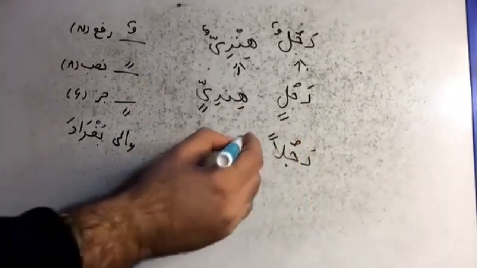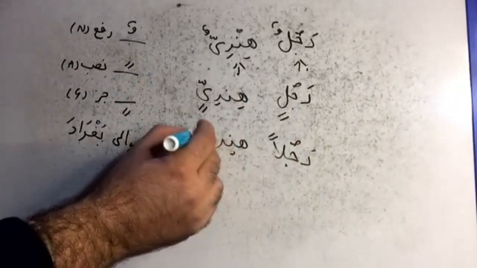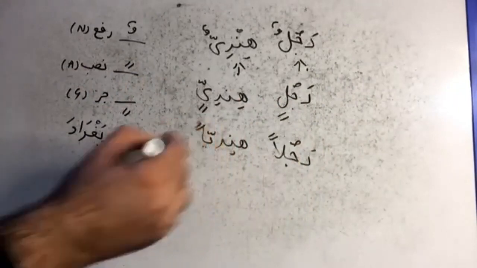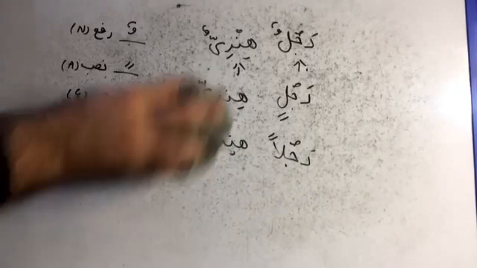Rajulan hindiyan. But you can come across it. We'll practice these, but that's not going to make any difference. Okay, is it clear now? So it should not give you any difficulties. It's very simple. The pattern remains the same.